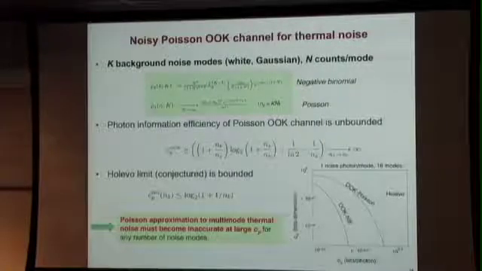Okay, what Bruce calculated is basically, as I say, the Poisson capacity isn't known in closed form, but you can show some things about it. In particular, if you just use Poisson capacity for signal plus noise, you would get a photon efficiency that was not bounded, whereas this conjectured formula for Holevo capacity is bounded.